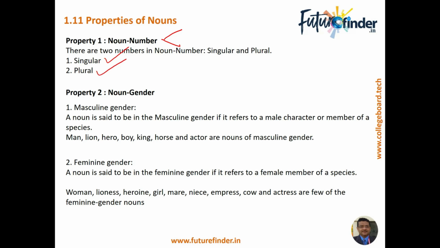That sounds very simple, but sometimes understanding the various uses of verbs, and pronouns also, agreeing to the singular or plural noun may be difficult in more complicated sentences. The second property that we are expected to know is the gender.